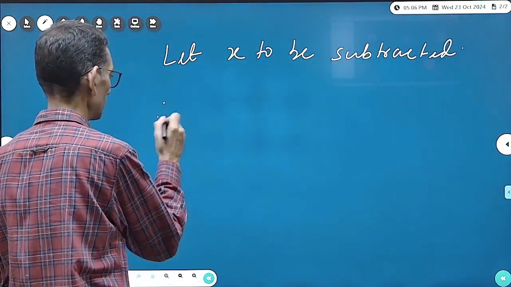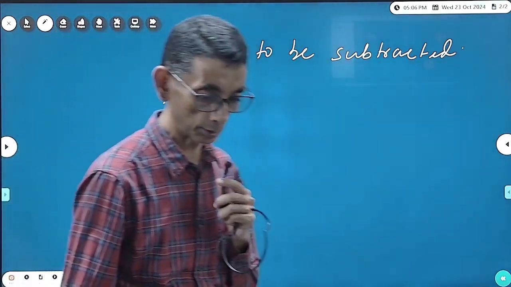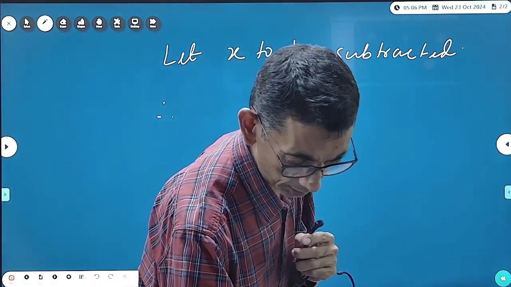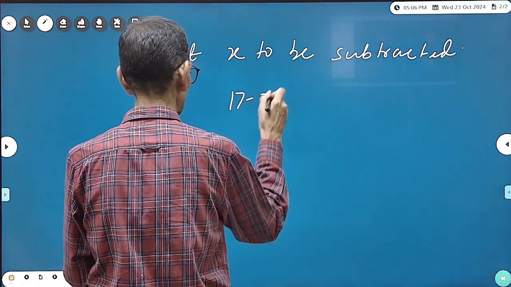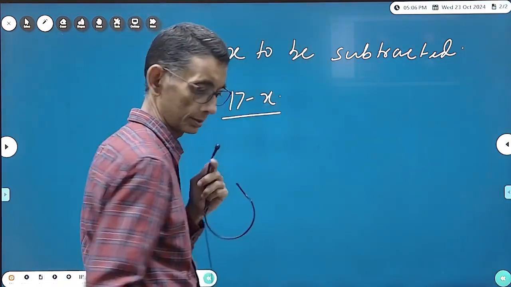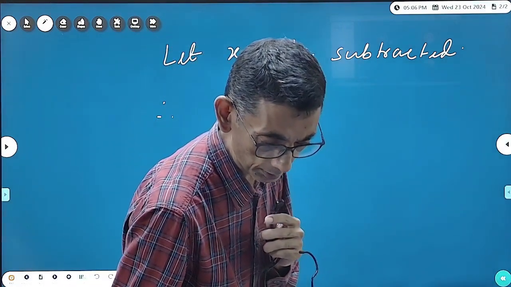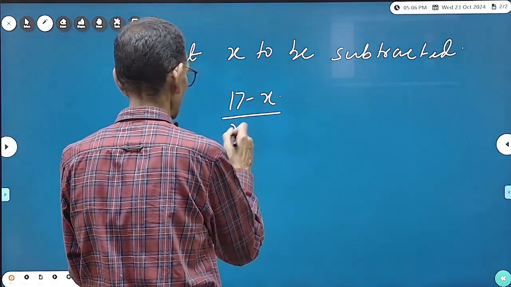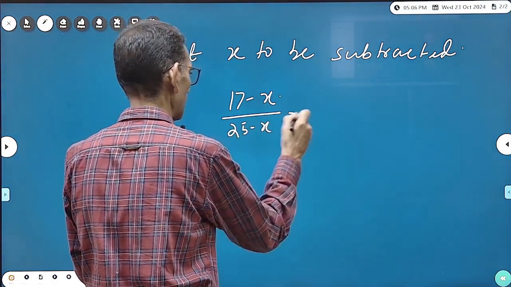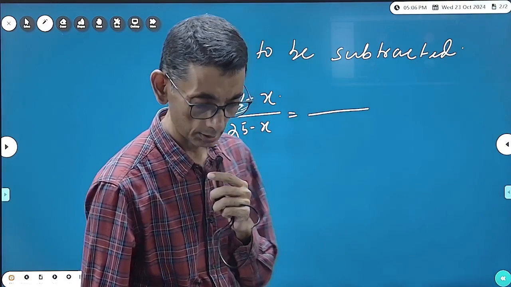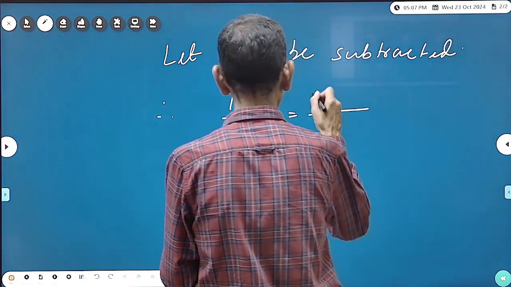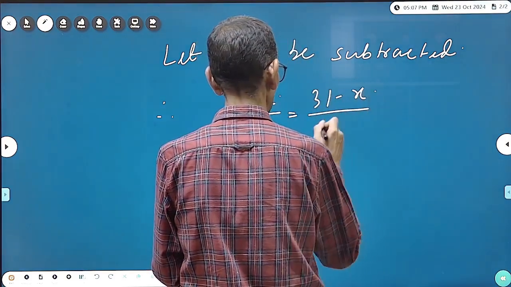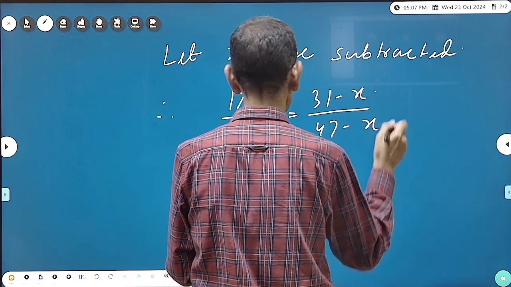So 17 minus x divided by 25 minus x equals 31 minus x divided by 47 minus x.